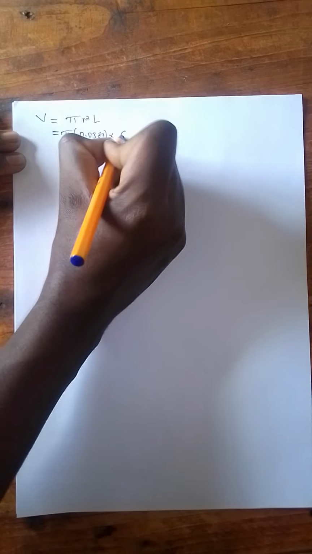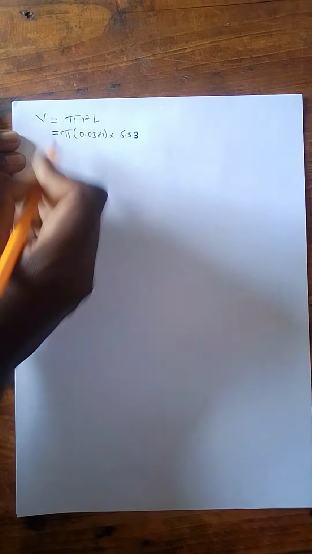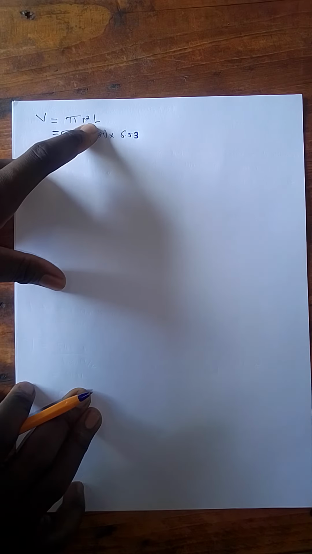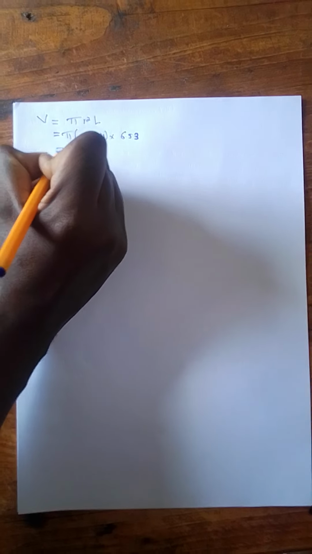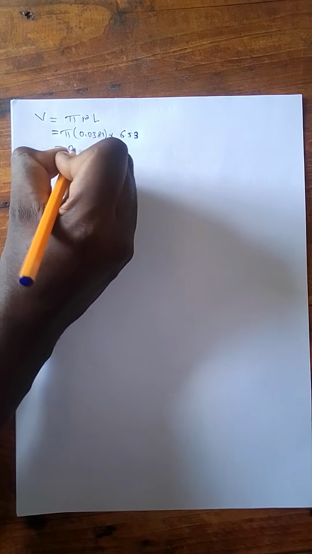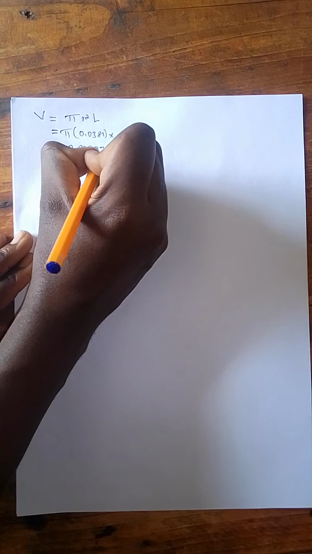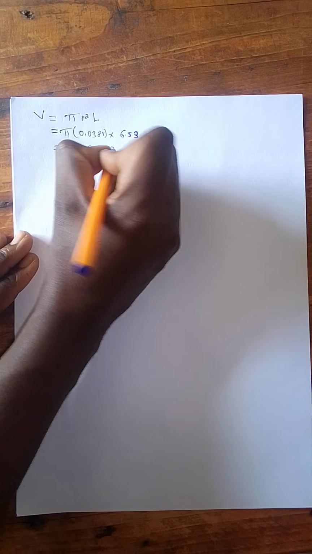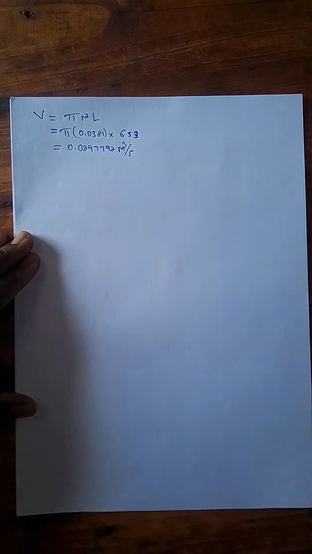Multiplied by our length, 6.53, right? It's important, when we calculate this volume, to understand that it's going to be per second. Why? Because our length is actually the linear velocity of flow. So if you use your calculator, you're going to get 0.0297792 meters cubed per second. So that's basically the same principle.